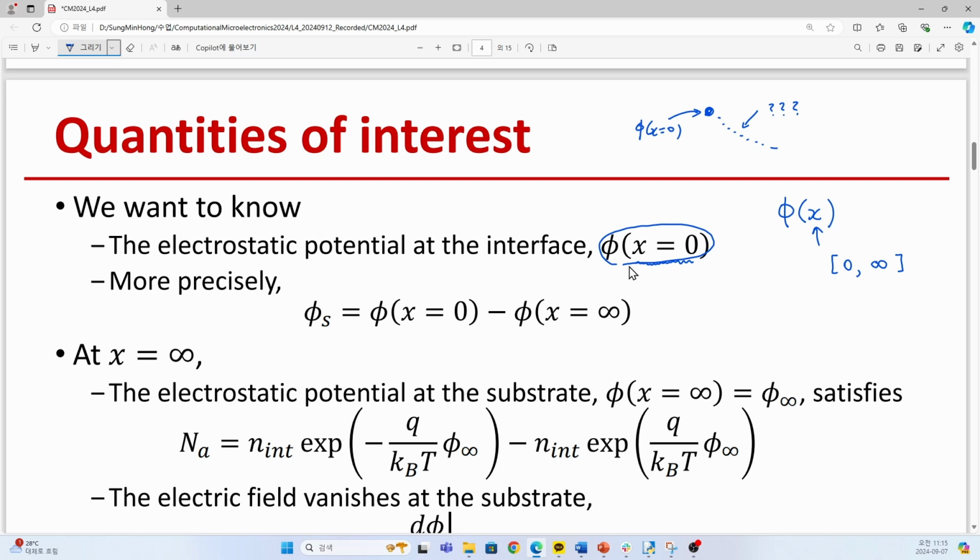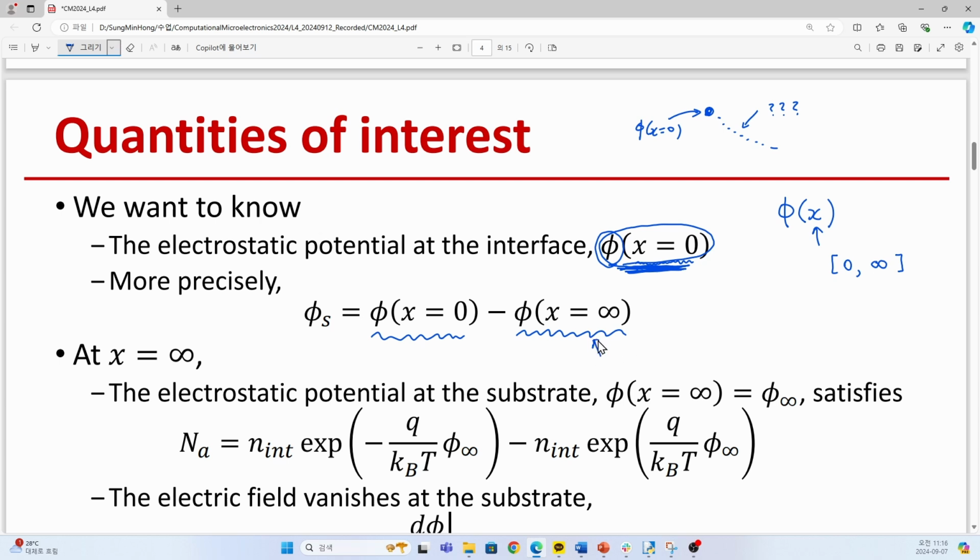But anyway, to us, the most important quantity is the potential at x equal to 0. More precisely, instead of this electrostatic potential itself, we wanted to know the difference between the electrostatic potential at the interface or surface and at the deep substrate.